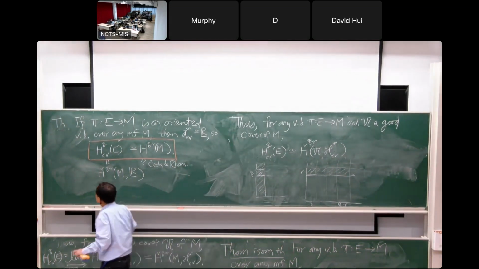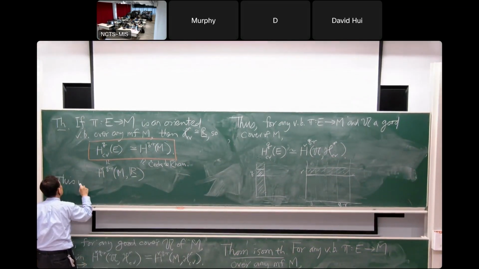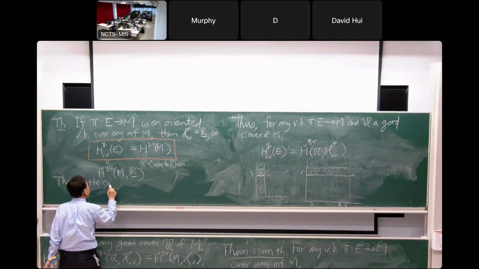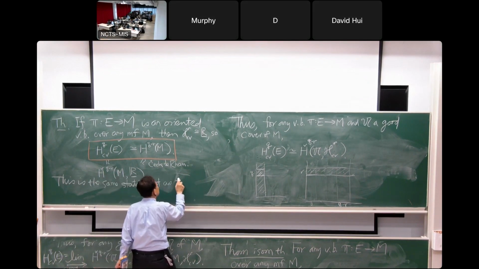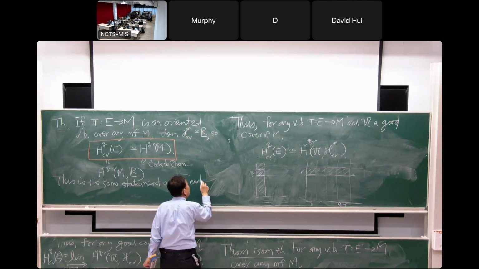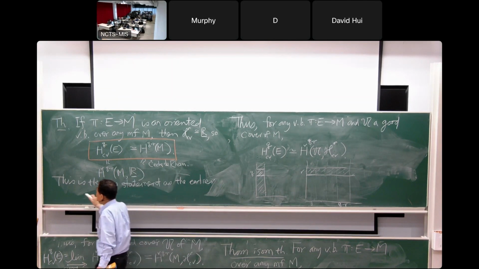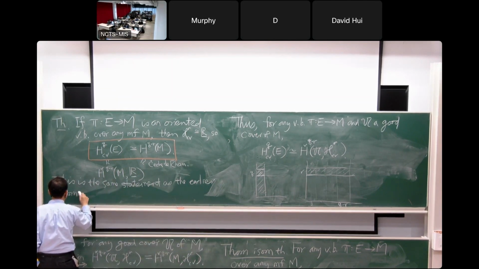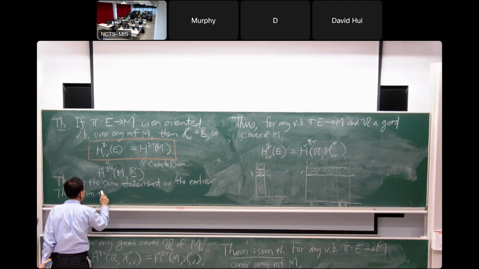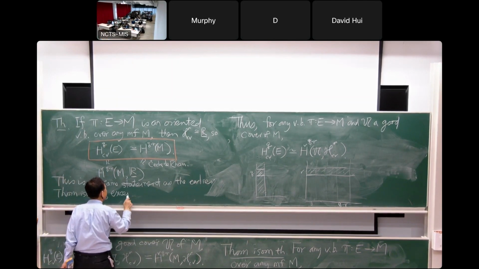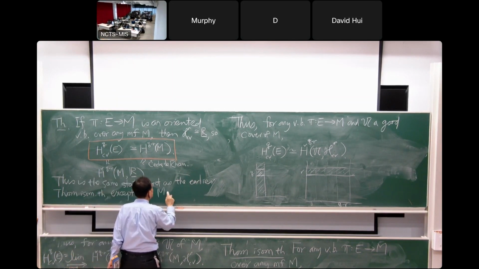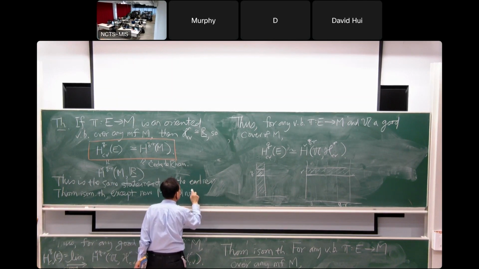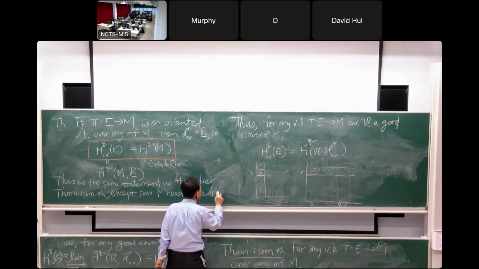So this is the same statement as the earlier Thom isomorphism theorem, except now M need not be of finite type.